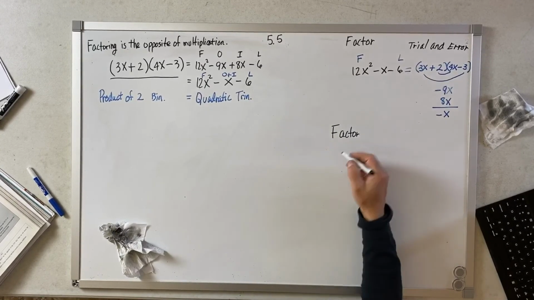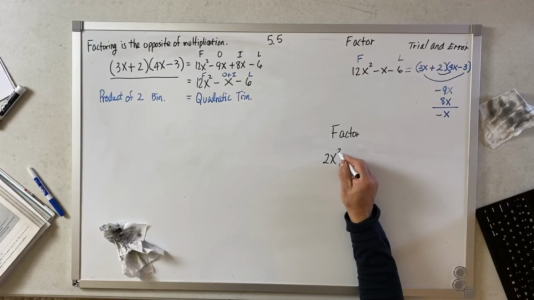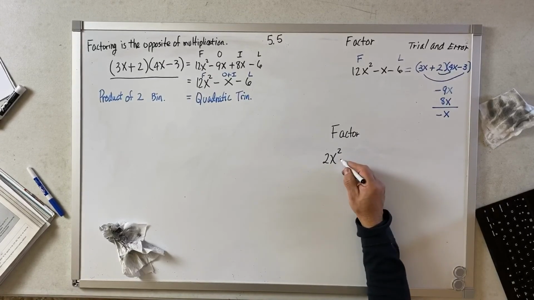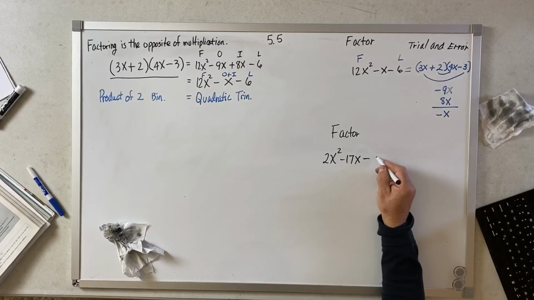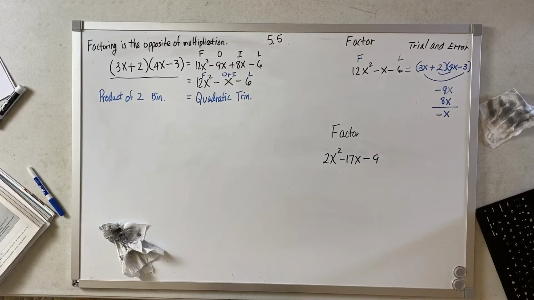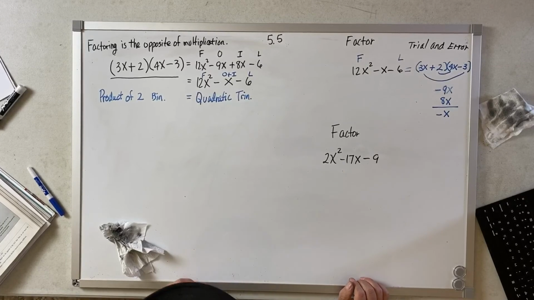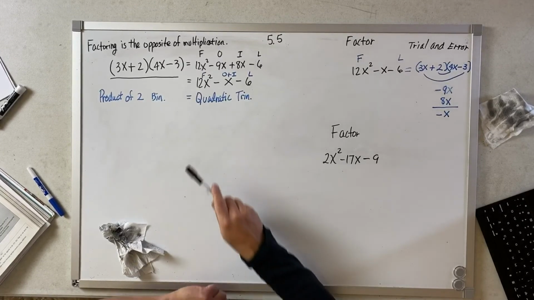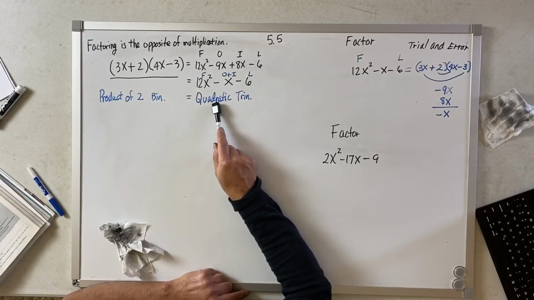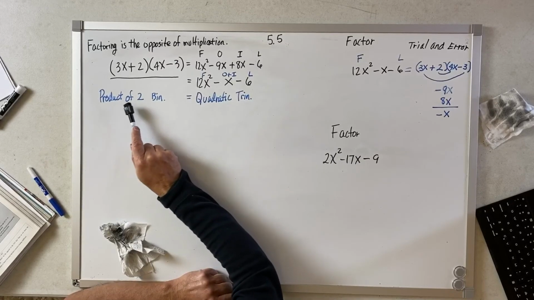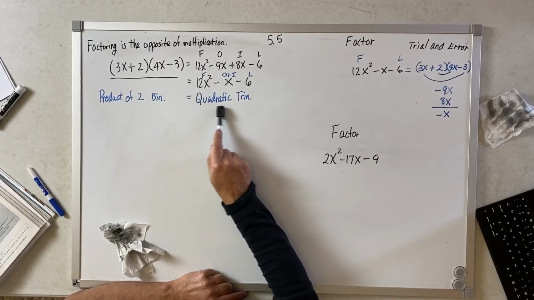Factor 2x squared minus 17x minus 9. Okay? Now, we read earlier that when you multiply two binomials, the product of two binomials equals a quadratic trinomial.